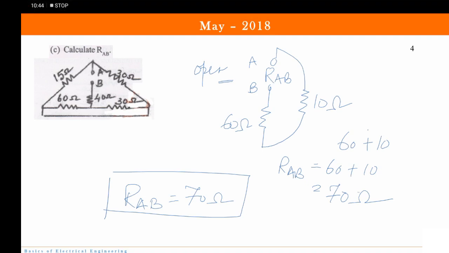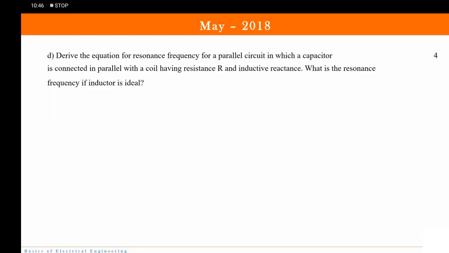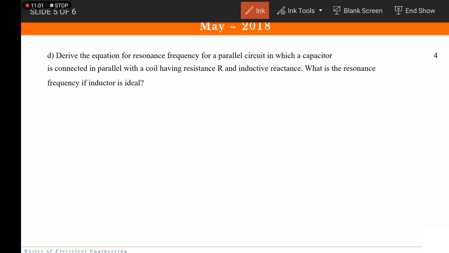Fine. Let us go to the next question. Now derive the equation for resonance frequency for a parallel circuit in which a capacitor is connected in parallel with a coil having resistance R and inductive reactance. So basically it is this kind of circuit.